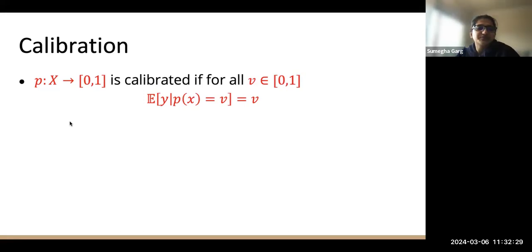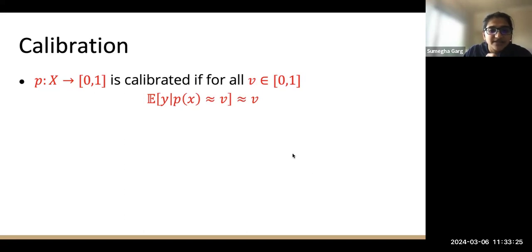A predictor P is calibrated if for all predicted values V, the expectation of Y conditioned on P of X equal to V is actually equal to V. What this means is that if you look at all the individuals to whom you assigned the predicted value V, then the actual probability of Y conditioned on that score group should also be V. So if you're saying this person has 0.9 probability of repaying the loan, and another person has 0.9 probability of repaying the loan, and you look at all these individuals combined, then the probability of repaying the loan conditioned on that group should actually be 0.9. That means that the prediction values are actually saying something.